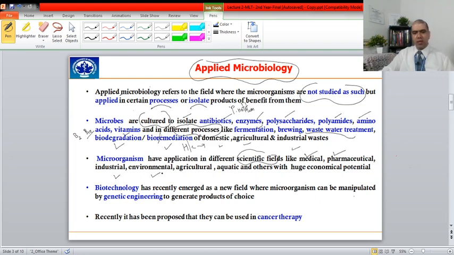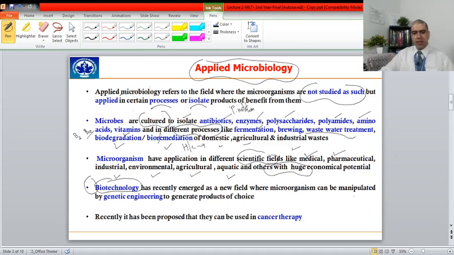Then we have environmental microbiology, agricultural microbiology, aquatic and other kinds of different fields which have a huge economical potential. And to top that off, adding the crown to the microorganisms, came the field called biotechnology. We'll be discussing it briefly after some time.